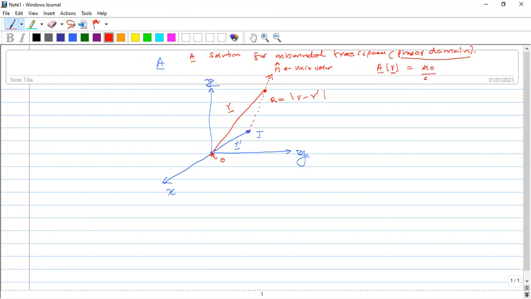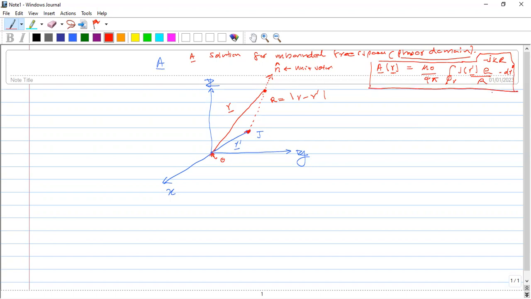We get mu naught divided by 4 pi, and we have to do the volume integral of J of R dash bar, the current distribution at this point, e to the power minus jkR divided by R, with respect to dR dash bar. So this is the solution. I think we have found this one previously.